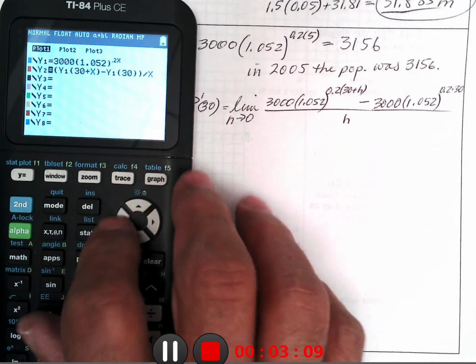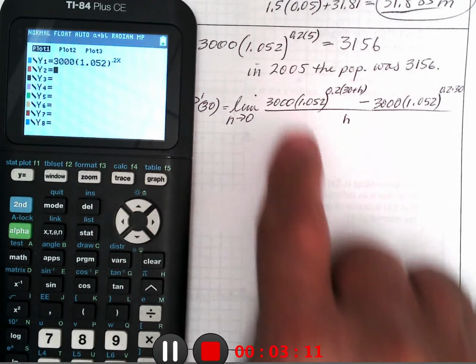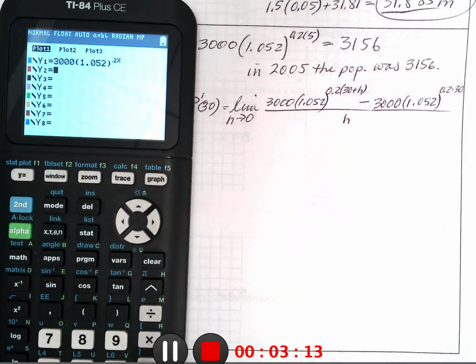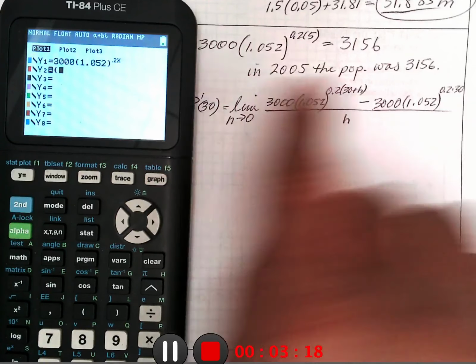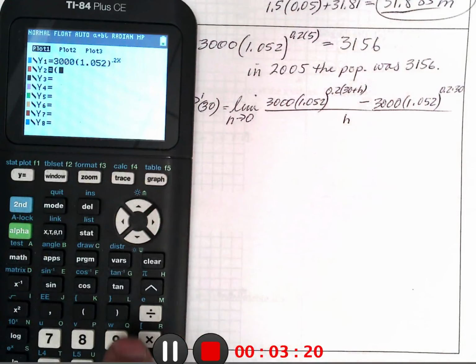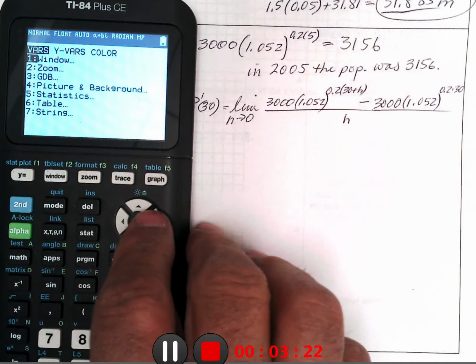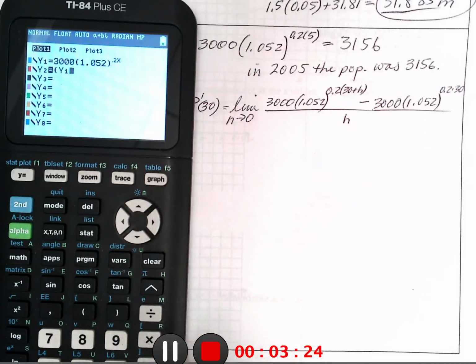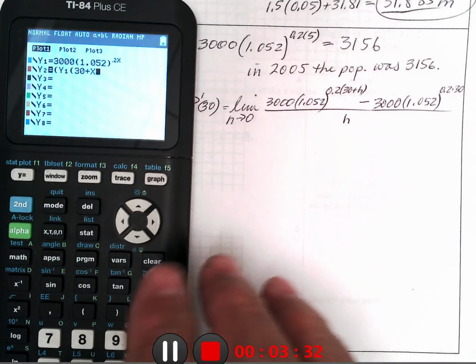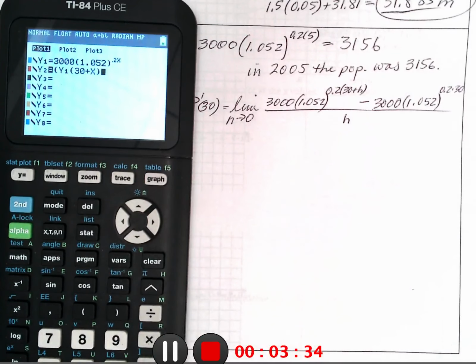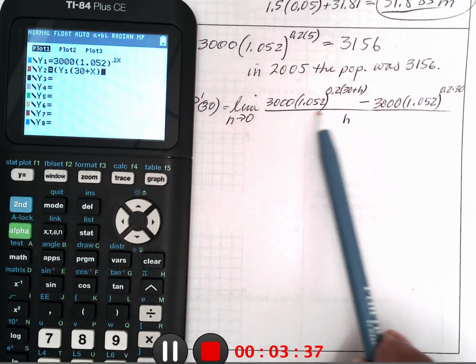And I'm going to clear it. And now I want to do a numerator, so I'm going to put parentheses. And I want to plug 30 plus h in for the x of that one. So I'm just going to go y bars function y1, this equation, using for the x 30 plus, not h, but x, close parenthesis. So that's a short way of typing all that in.